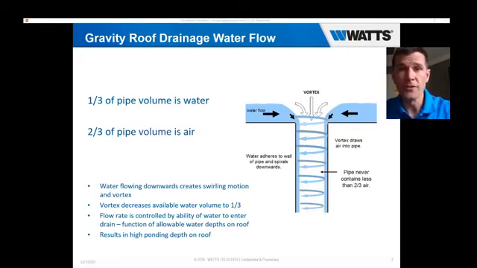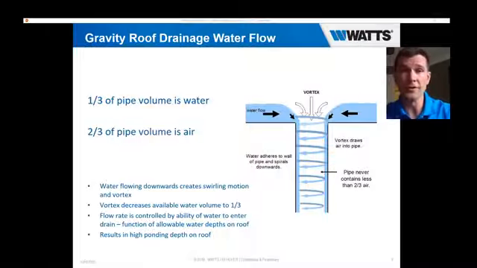So with a gravity drain, what happens is water's flowing downward through the slope on the roof, goes to the drain, and as it goes down the vertical pipe, it creates a swirling or vortex motion. The water adheres to the sidewalls of the pipe, and clings to the walls of the pipe on the vertical.